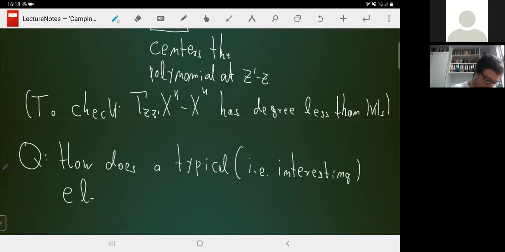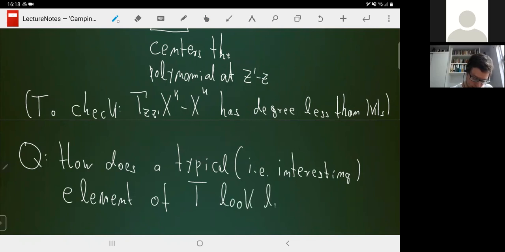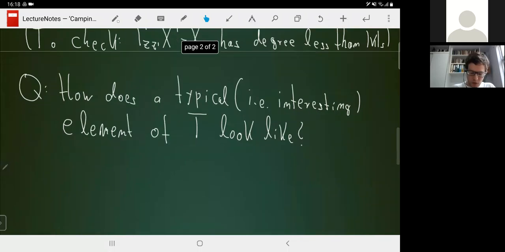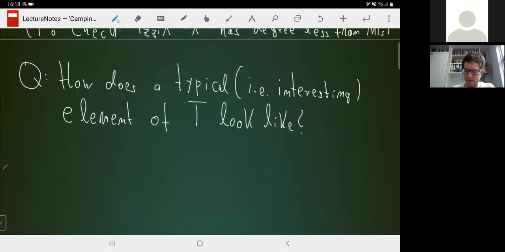So, how does an interesting element of T look like? T is a polynomial, but the kind of polynomial that you are usually interested in is the following.